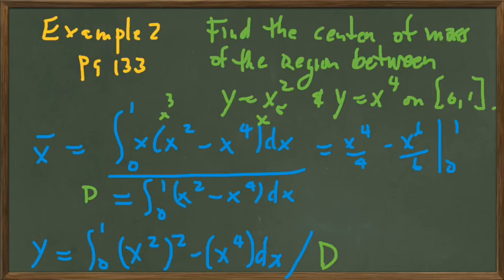And in the denominator we've got x squared's integral, x cubed over 3, minus x to the fifth over 5, evaluated between 0 and 1. In your book you see this is calculated at the bottom of page 133, and we get x bar is 15 over 24.